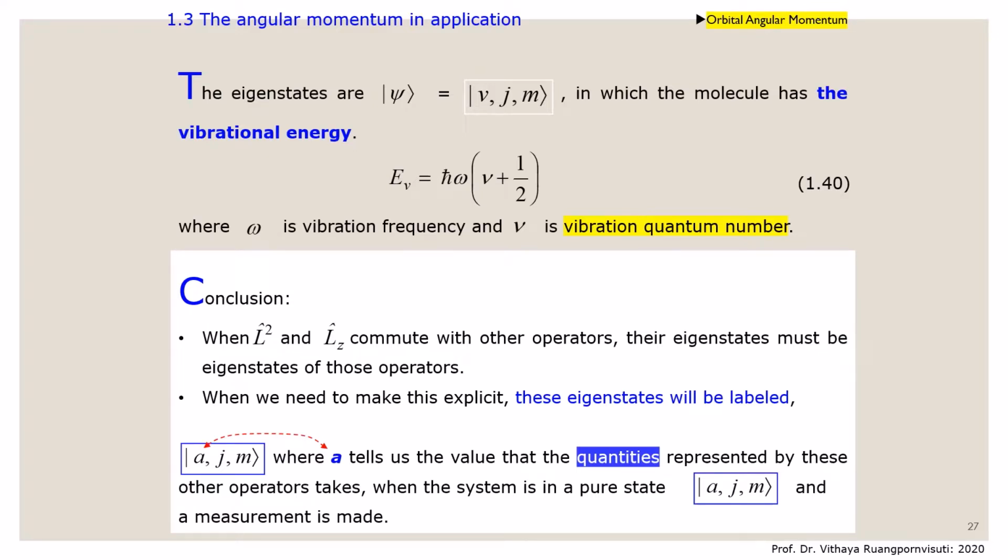The vibration energy is therefore equal to h bar times omega multiplied by nu plus half, where omega is the vibration frequency and nu is the vibration quantum number.